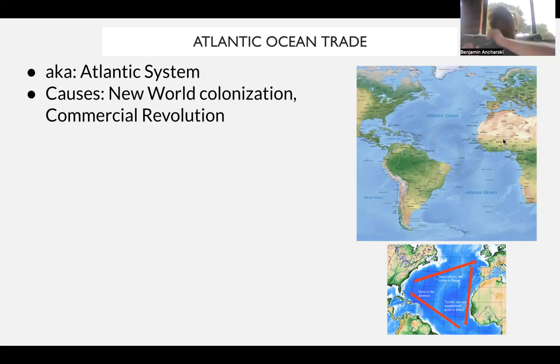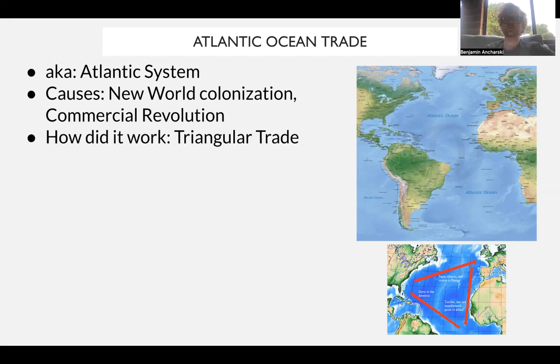And the way that we best express this trading system is something, if you've taken an American history class before, you might already be familiar with, known as the triangular or triangle trade. So the triangle trade is a model historians use to describe the trade system between Africa, the Americas, and Europe in the period, really between 1450 and 1750, just to use those dates right there.